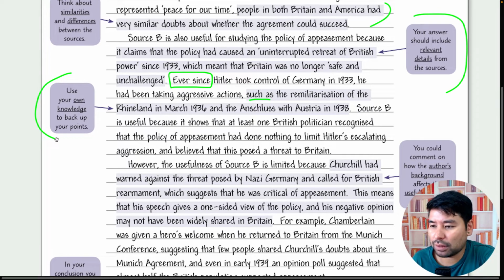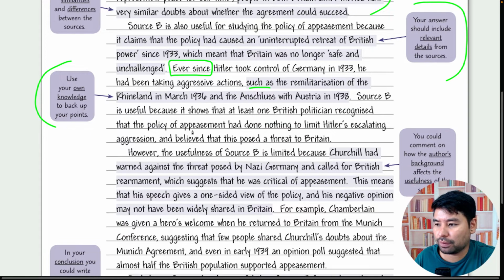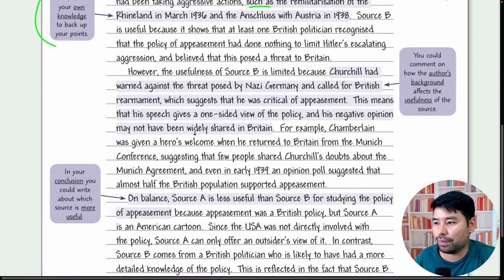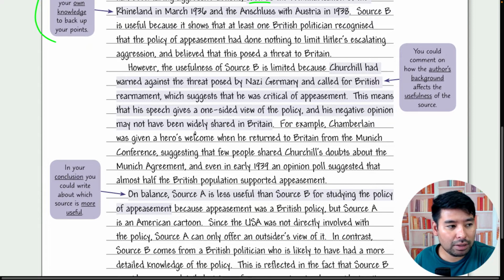Source B. It is useful because it shows that at least one British politician recognized that the policy of appeasement had done nothing to limit Hitler's escalating aggression and believed that this posed a threat to Britain. Again, very useful information. However, just don't get lost, right?